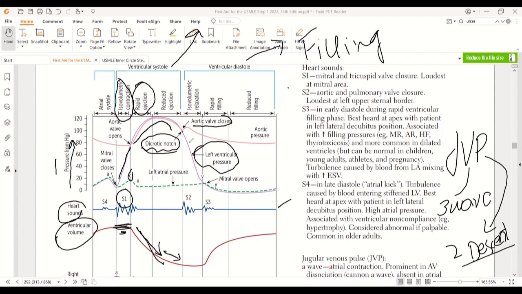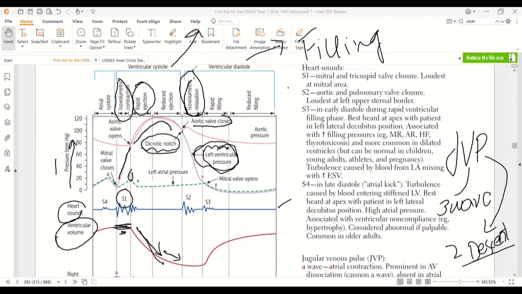Here you noted that this pressure is continuously going down. Which pressure? Left ventricular pressure, right? Yes. So this is the isovolumetric relaxation phase.